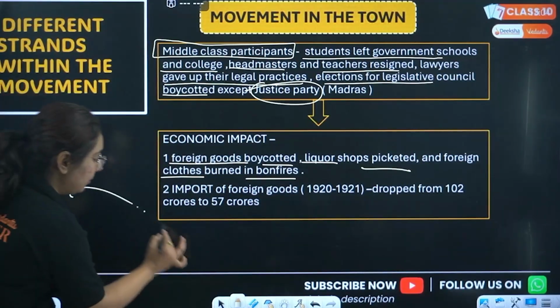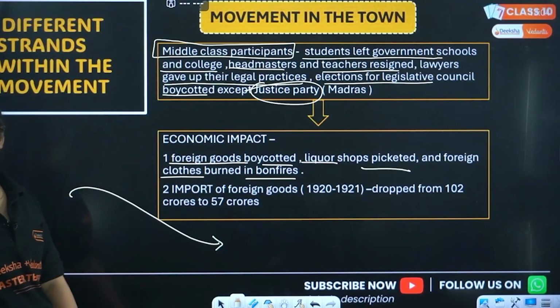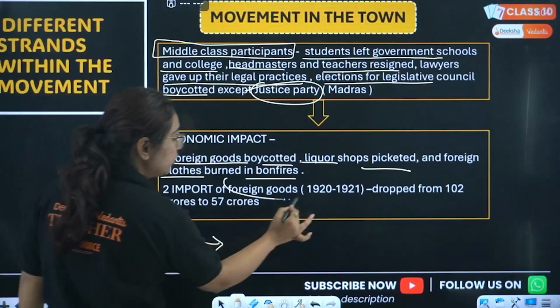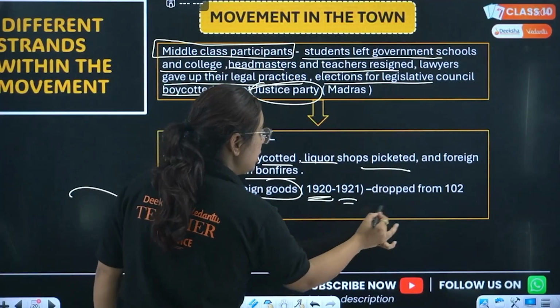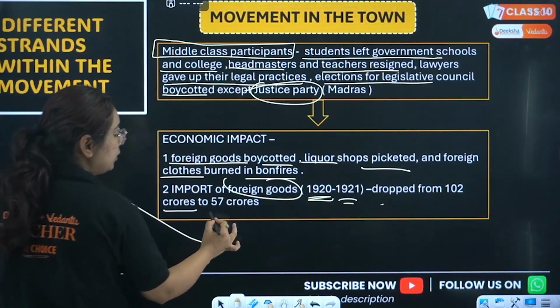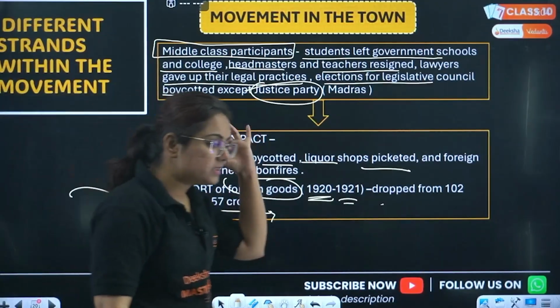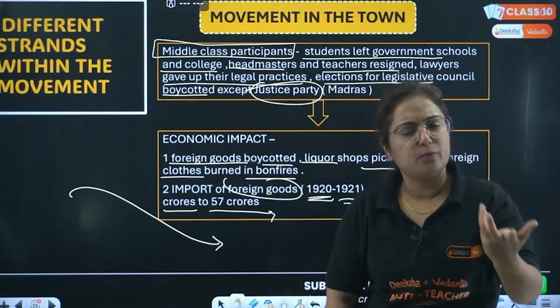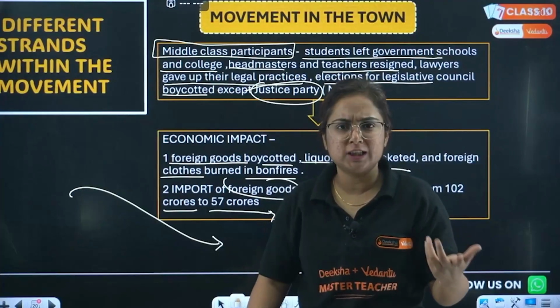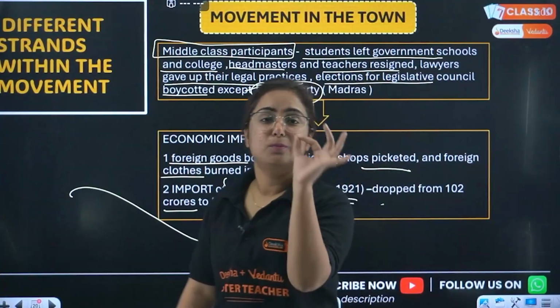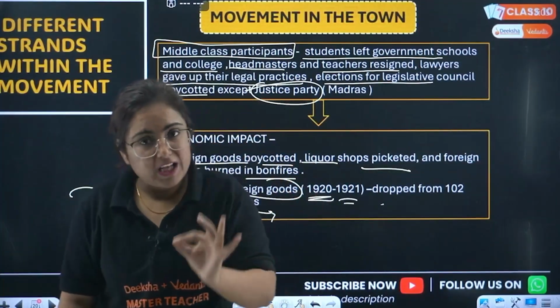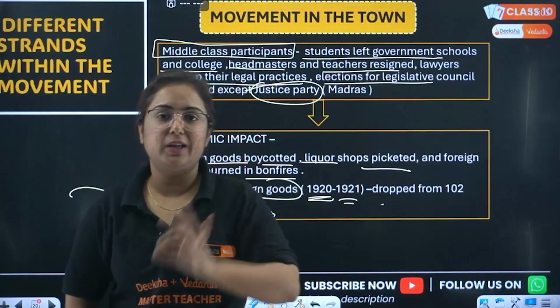Their economy will go down. Import of foreign goods in 1920-21 dropped from 102 crore to 57 crore. And this is some victory in one form or another, right? So this was the movement in the town. Swaraj was interpreted in a correct way in the town.